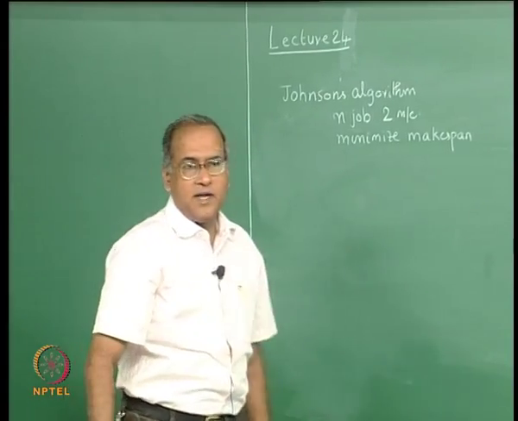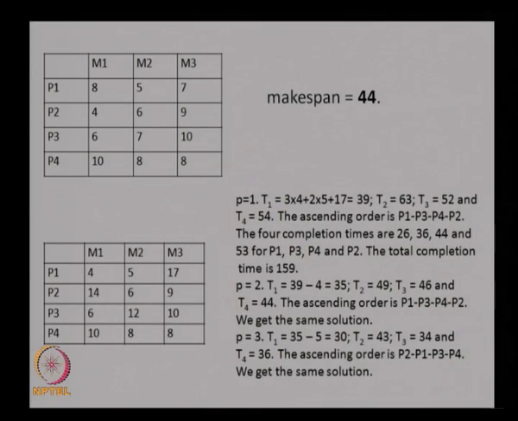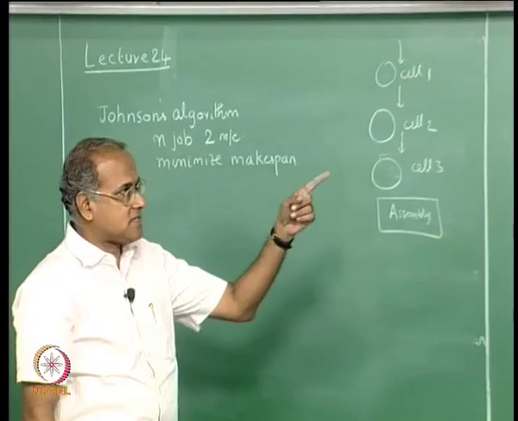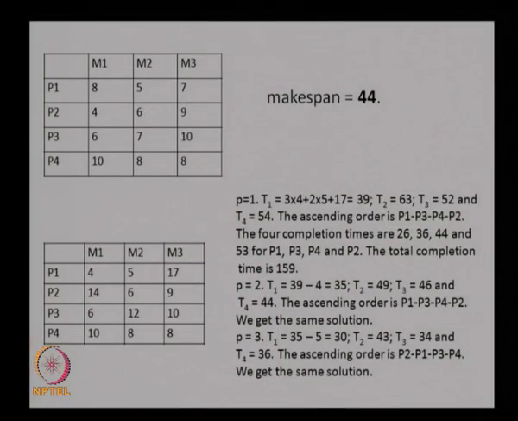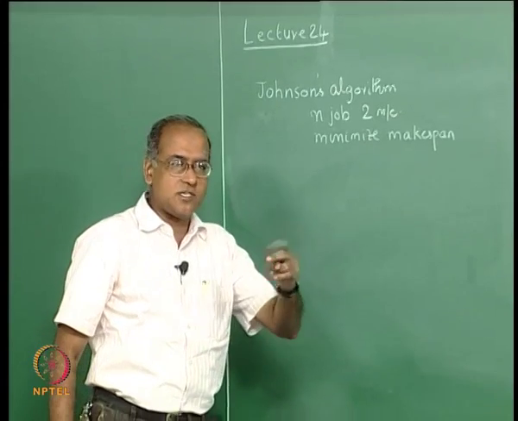Now, how do we apply Johnson's algorithm to the case where we have 3 cells and the processing times given in the other table? One of the ways by which we can do that is by solving 2 Johnson problems.